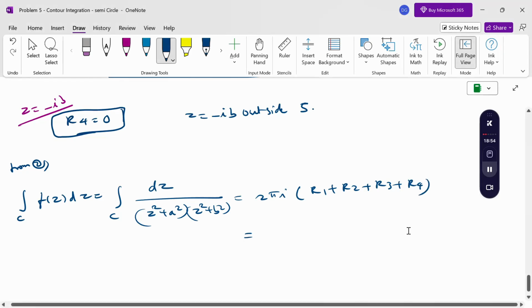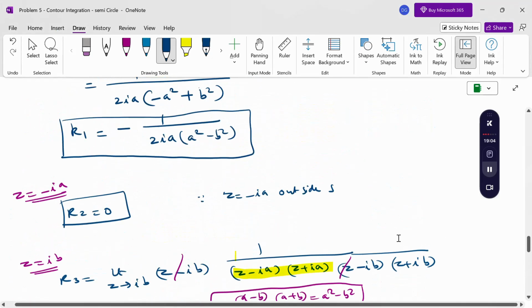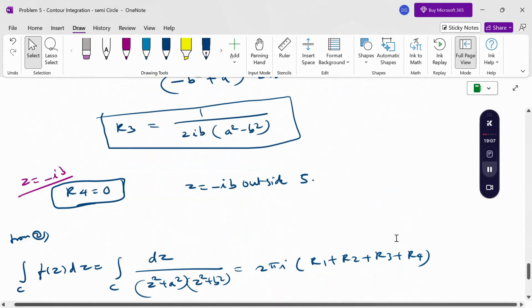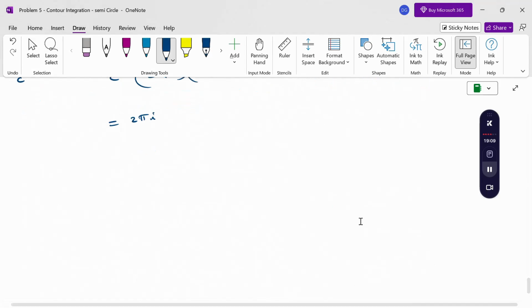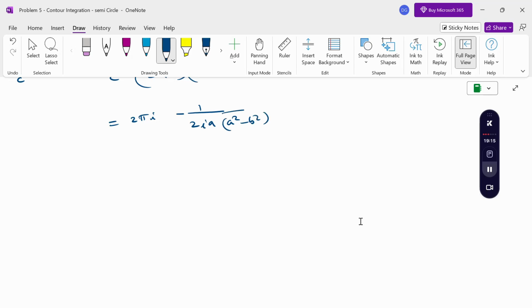Therefore 2 pi i into residue 1 value: minus 1 by 2ia, (a square minus b square), plus 0, plus 1 by 2ib, (a square minus b square), plus 0.